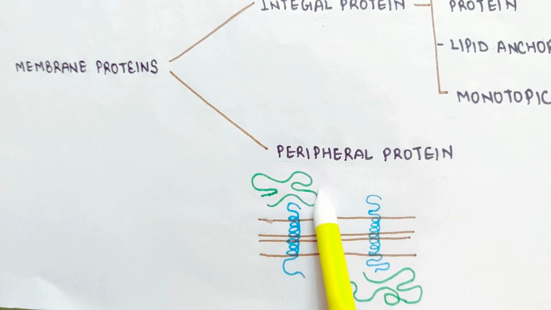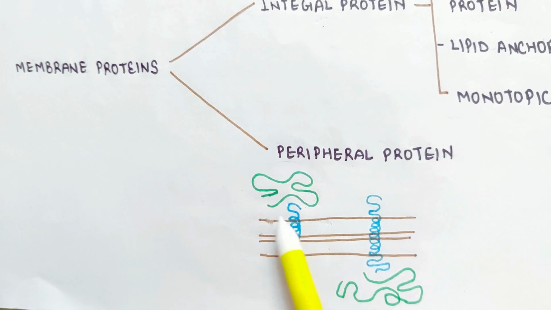And as you can clearly see, these peripheral proteins are not embedded inside the lipid bilayer. Instead they are loosely attached to integral proteins or to the polar heads of the lipid molecules, basically via non-covalent interactions like hydrogen bonding or electrostatic interactions.